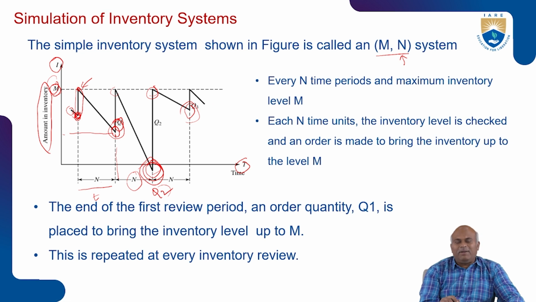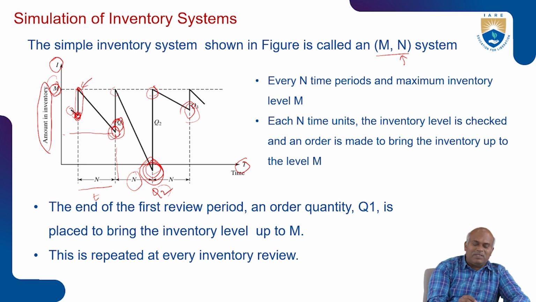The produced output is less than that amount, here a negative amount. Now at each time unit, the inventory level is checked and an order is made to bring the inventory up to the level of M.